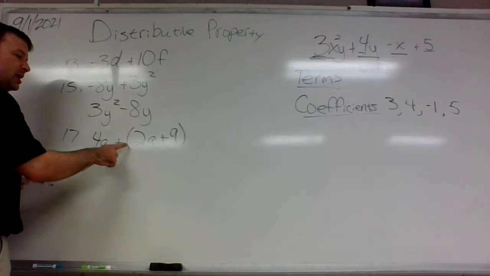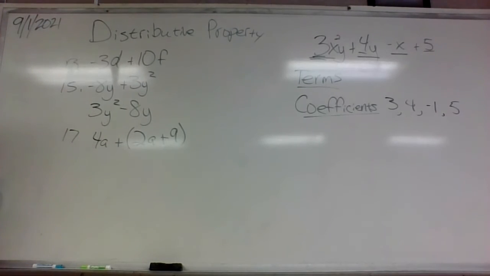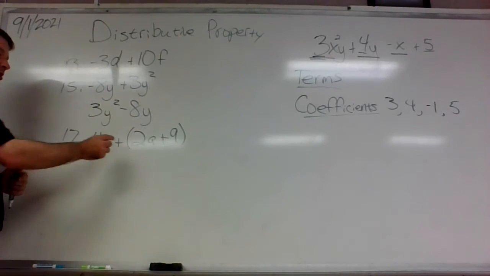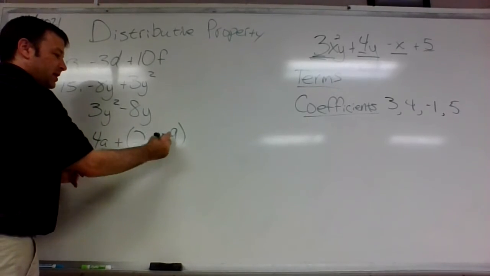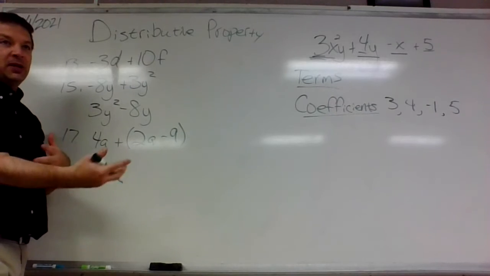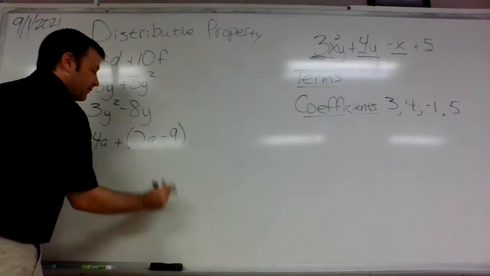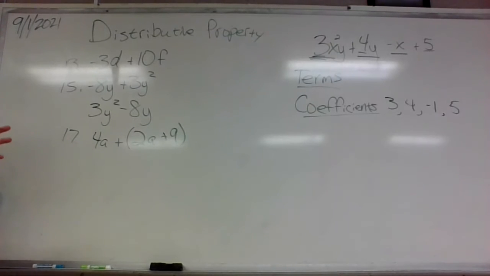So we're adding 2a and we're adding the 9. When you have a plus in front of parentheses, it doesn't make any difference. If this was a minus 9, we would be adding 2a and adding a minus 9. So when there's a plus in front of parentheses, it doesn't do anything at all.